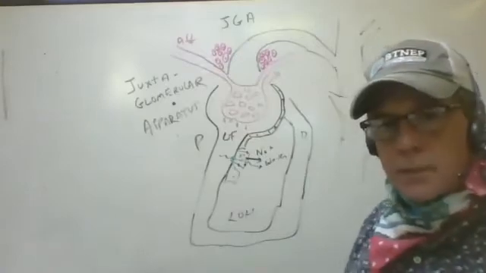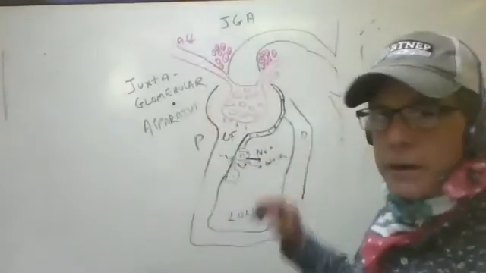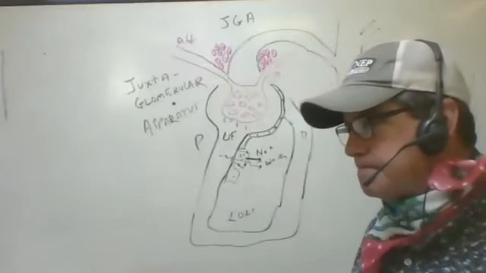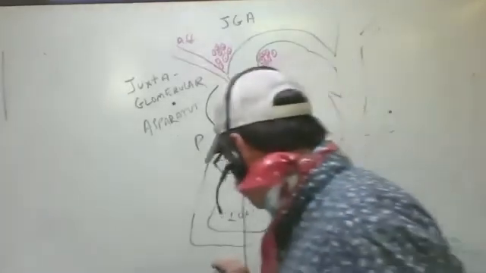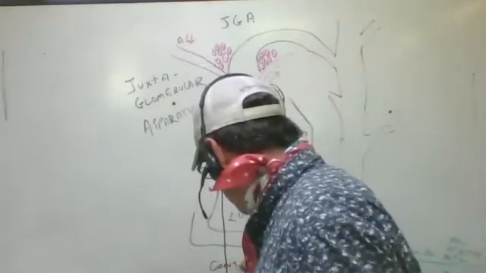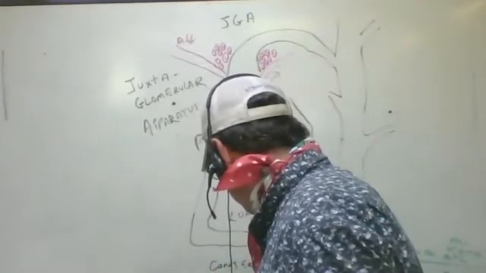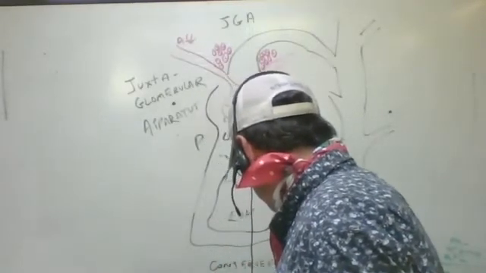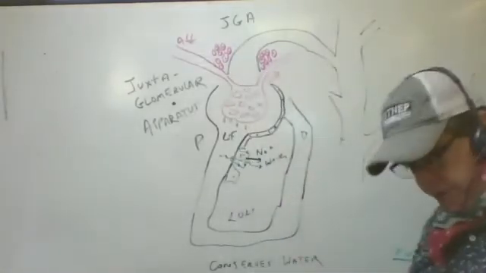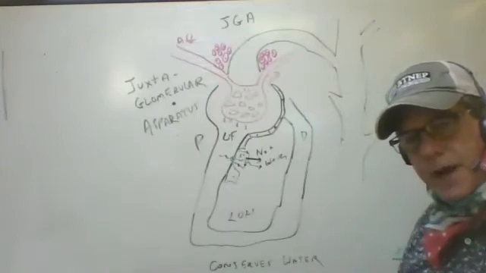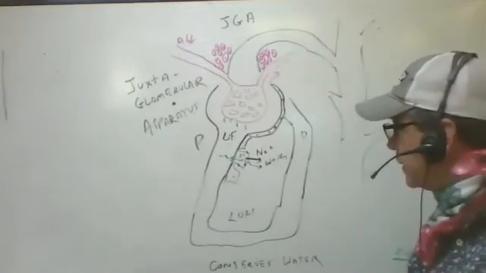What we're going to talk about here is how this nephron conserves water. In other words, how this nephron stops us from becoming dehydrated. That's what we're going to talk about.